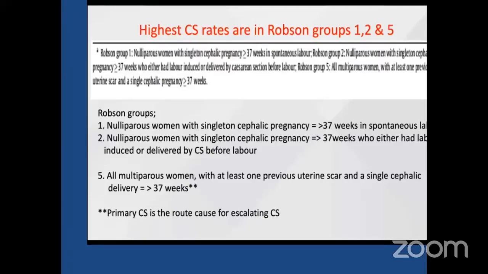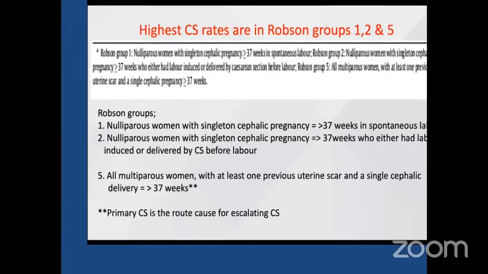Just a word about the other groups and why we are not focusing on them. The other groups are certain groups where you just cannot avoid a cesarean section, as Madam Kohinoor was talking about. If you have a transverse lie, or a triplet, or a twin delivery with a breech, or even a primipara with breech, you would rather not take the risk of a normal delivery.